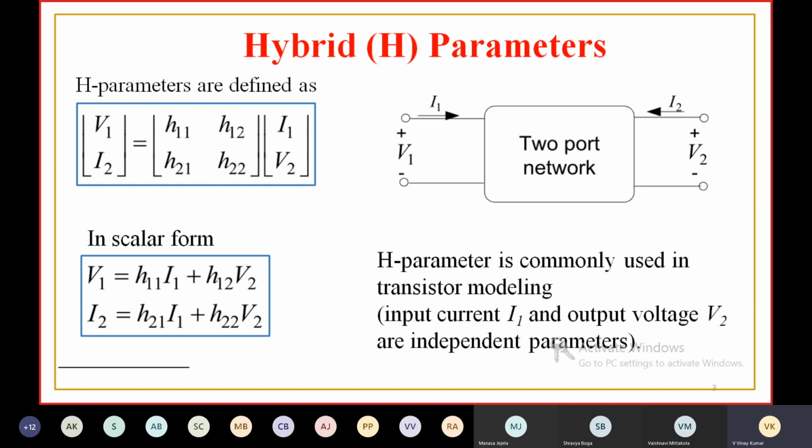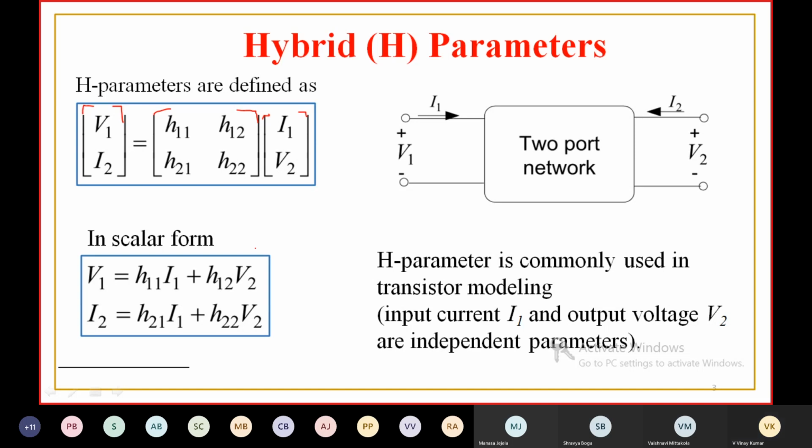H means H11, H12, H21, H22. In matrix form, it can be written as V1, I2 is equal to H11, H12, H21, H22 into I1, V2.